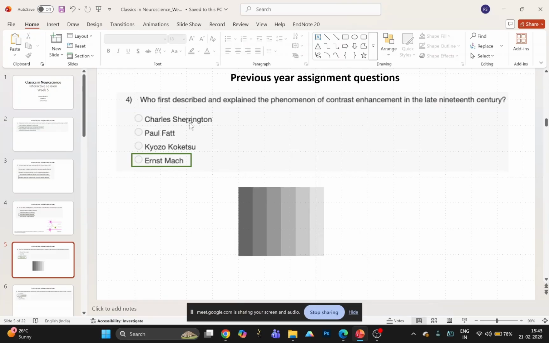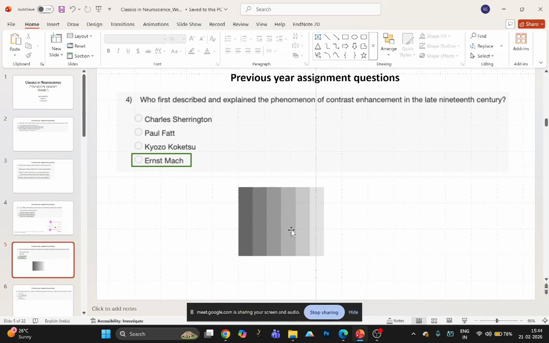And this was first described and explained by Ernst Mach. Although he did not explain the reason for this phenomenon, he explained that this kind of phenomenon does exist.